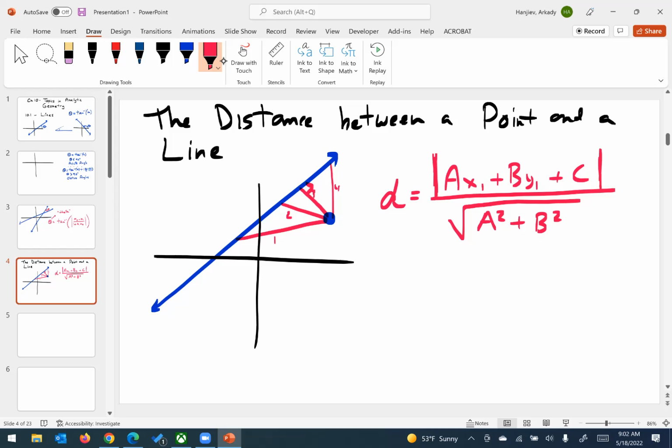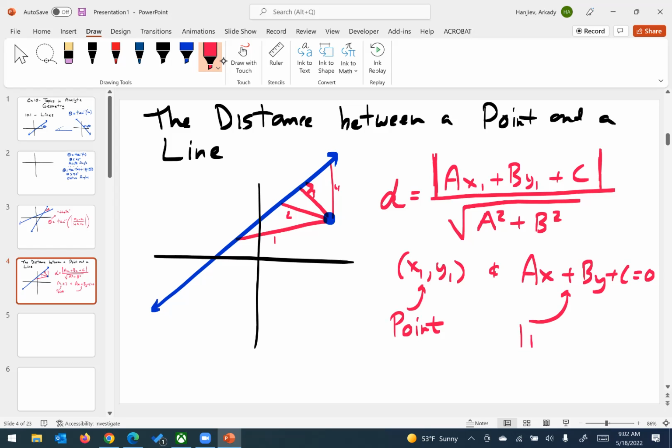Okay, so what are these A's, B's, x1's, y1's? x1, y1 is the point. And our equation is Ax plus By plus C equals 0. That's our line. And so our line equation is set to 0.